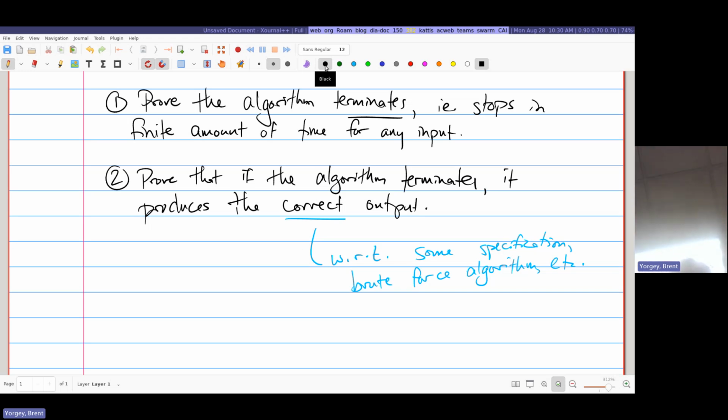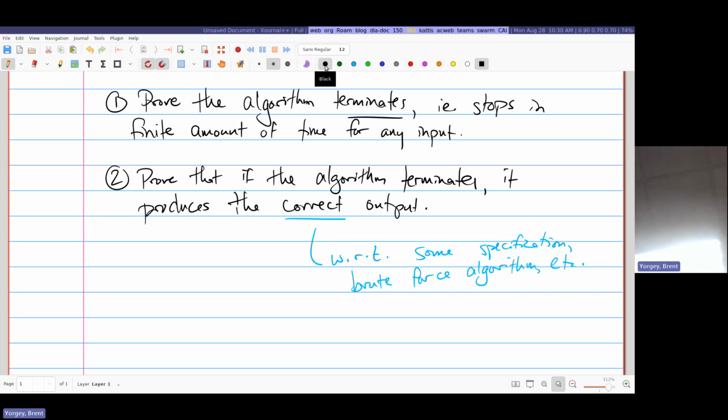And sometimes the fact that it always stops is just going to be obvious. Like if the algorithm says, for every vertex in the graph, blah, blah, blah, and you're like, well, my graphs are finite, and it loops over all the vertices, so it's going to stop. This one, though, GCD, these algorithms, it's not quite so obvious. Maybe if you've tried them, you have a sense that things are getting smaller, or somehow it's going to stop.